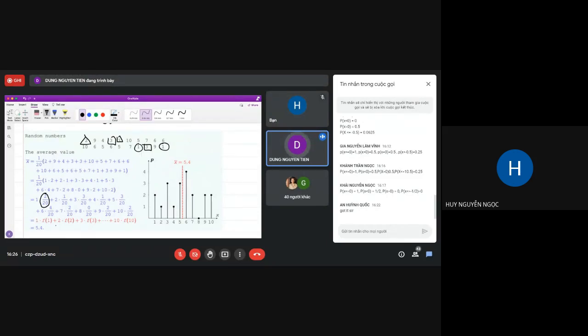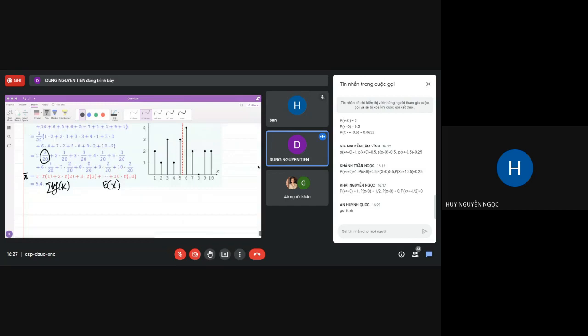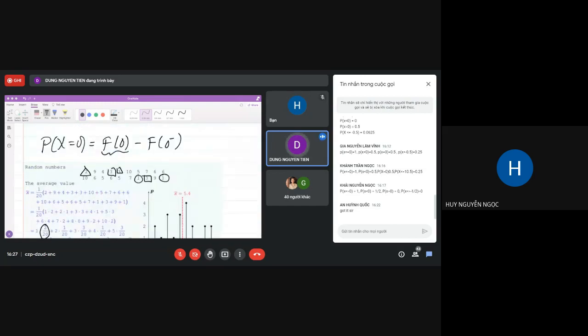If I denote by f of k the relative frequency of the number k in the sample, then you get the sum of k times f of k. This sum has the same value as the average, and you call it the expectation of x. Are there any questions? Okay, that should be fine.